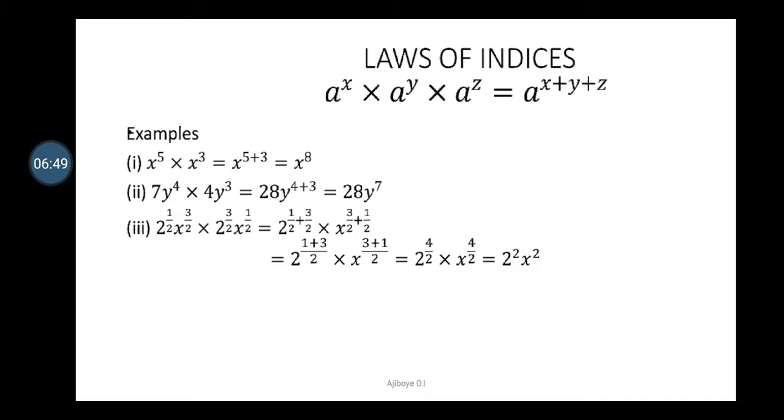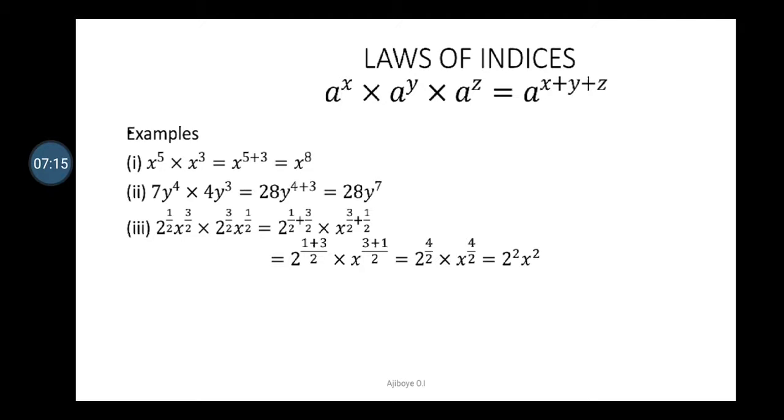Since the 2 in the first instance is raised to power 1 over 2, and in the second instance the 2 is raised to power 3 over 2, that is an index number. So that's the system of indices. So you pick only one 2 and sum the power. Picking one 2, that is one base 2, and then raised to power 1 over 2 plus 3 over 2.